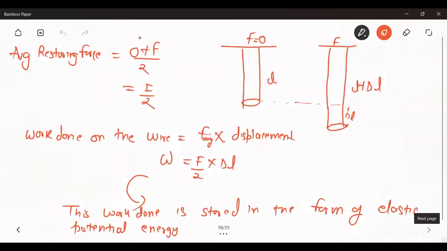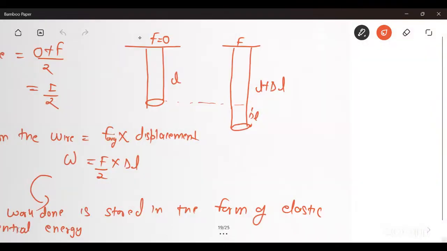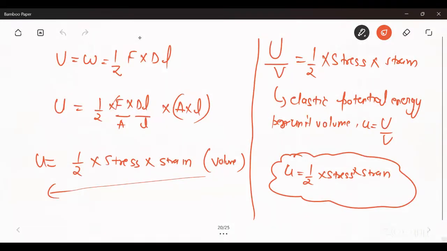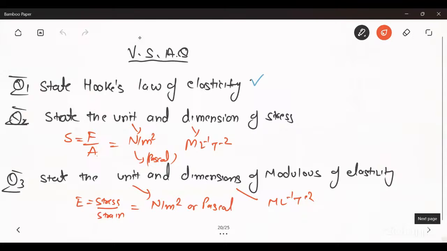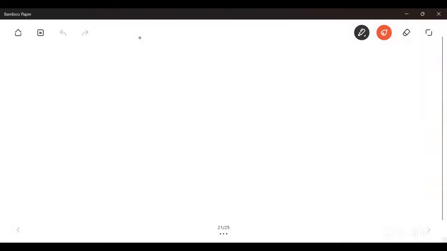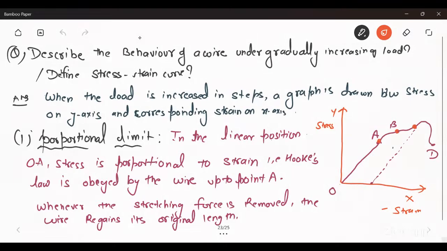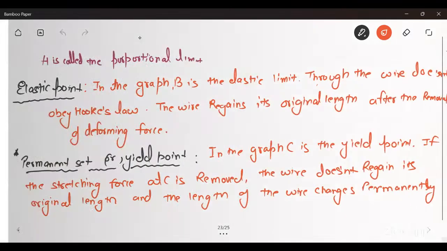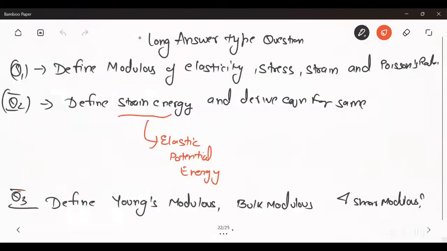Now after that, I have discussed some important questions which had come in your previous year questions. These are very short answer questions. These are long answer questions. The important parts from it are firstly, the stress strain curve. Next, the elastic potential energy. Third one is types of modulus of elasticity.